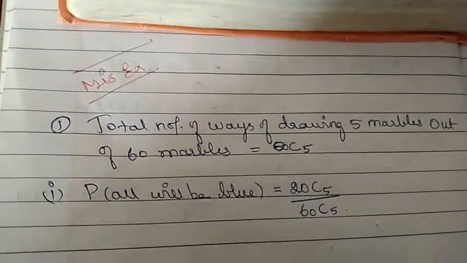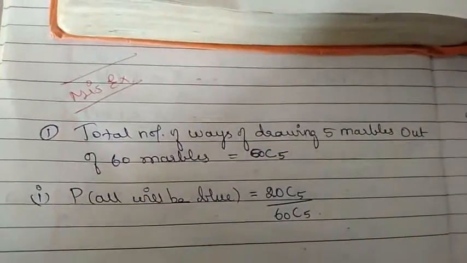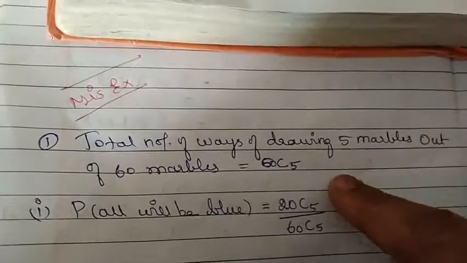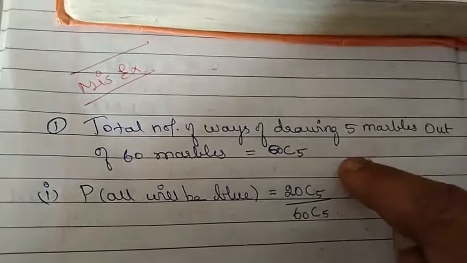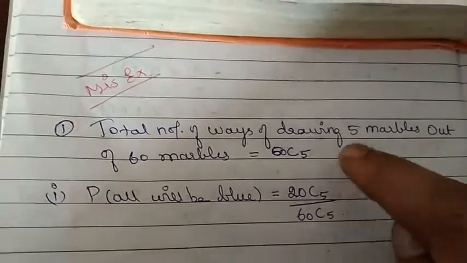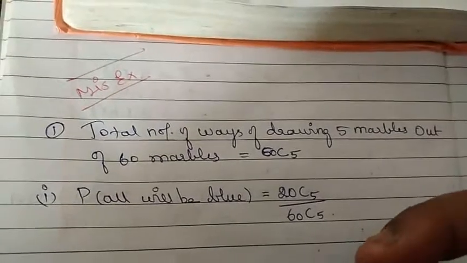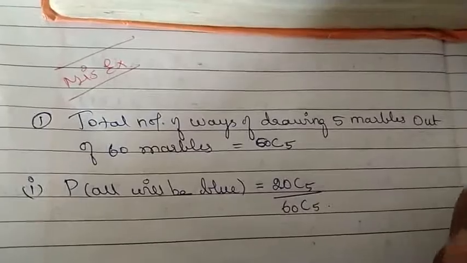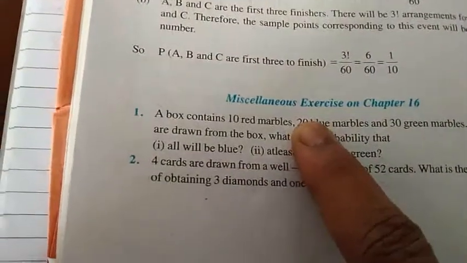Now our question is, what is the probability that all 5 will be blue? So what is the probability formula? Number of favorable outcomes divided by total number of outcomes. What is the number of favorable outcomes here? We need all the 5 marbles to be blue colored. So in how many ways can these 5 marbles be blue? The total number of blue marbles is 20.